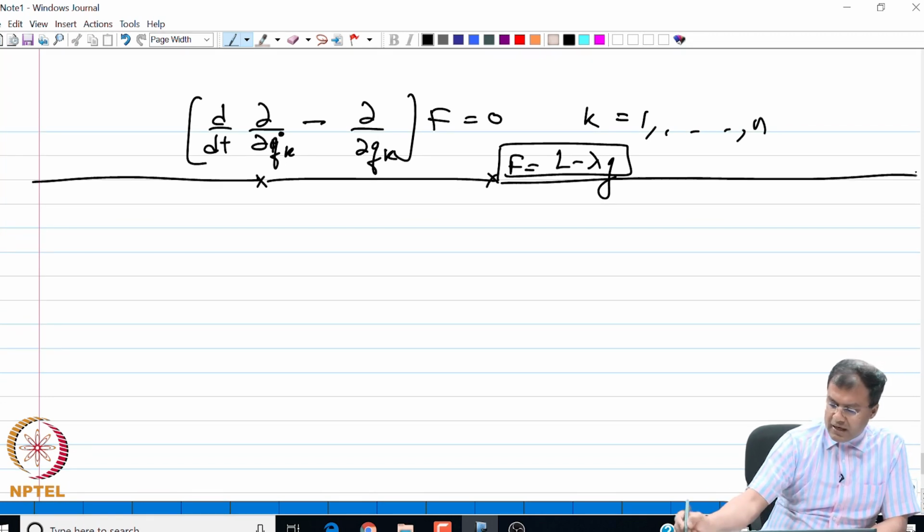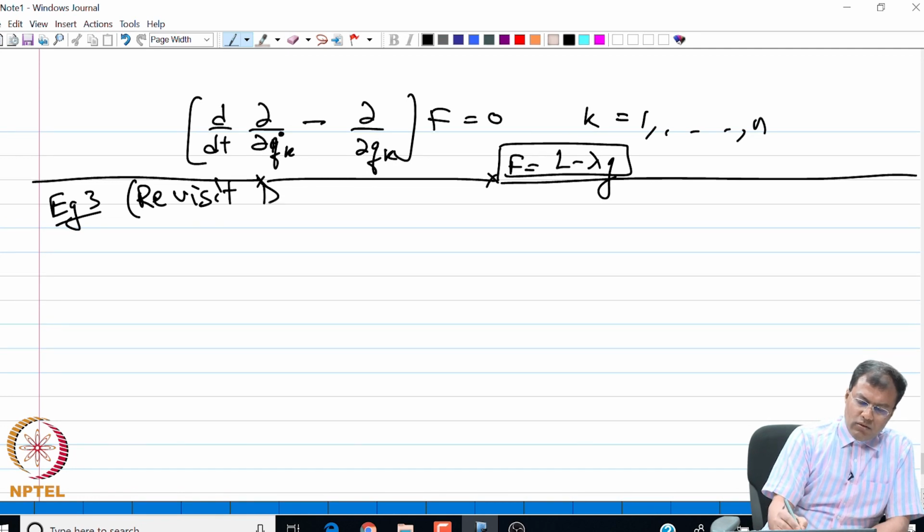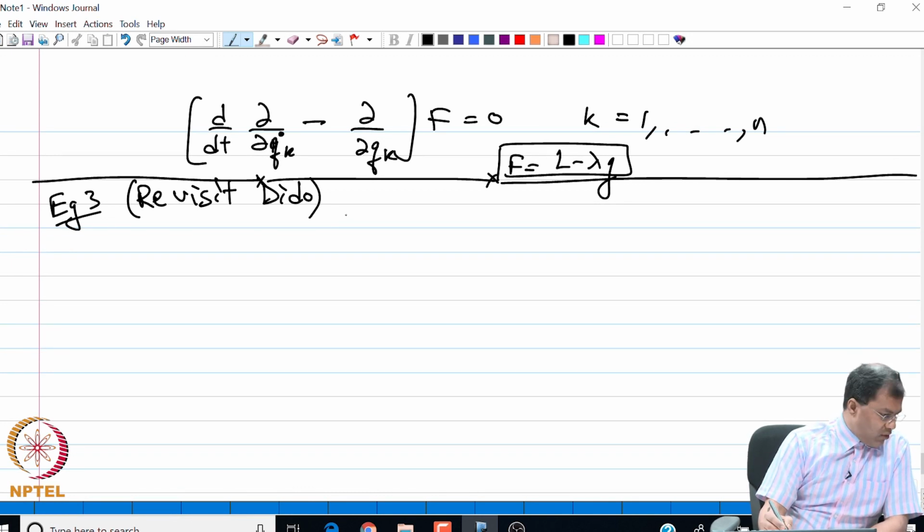Let us quickly look at an example to this problem. I am going to revisit my DDoS problem. The DDoS problem now is set up with an isoperimetric constraint.